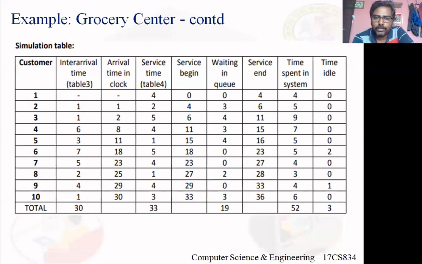One is waiting time, which is the difference between service begin and arrival. Next, time spent in the system is nothing but service end minus arrival. Next, time idle: while simulating, I have observed that for some duration the server is found to be idle, meaning none of the customers were in the bank. Let me come to that graph.